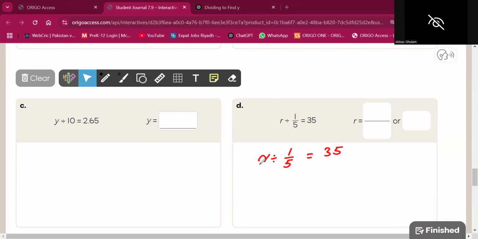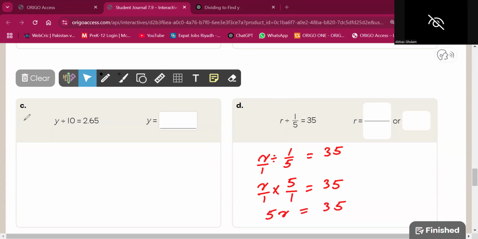There is no denominator for the r, so I can write 1. So r out of 1, what is the inverse of the divide? Multiply. If there is a fraction, use this way. This is easier. So 5 out of 1, that is equal to 35. 5 multiplied by r equals 5r, that is equal to 35.